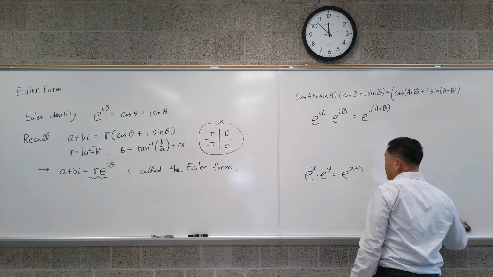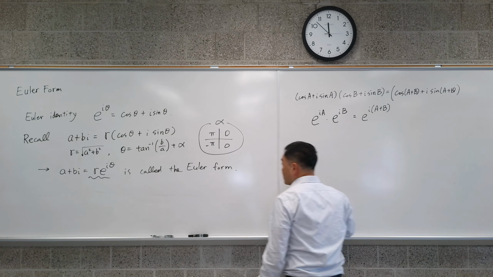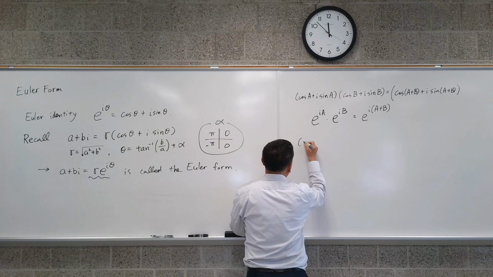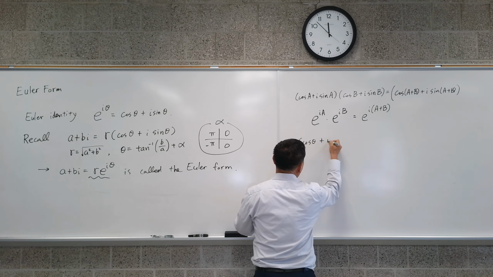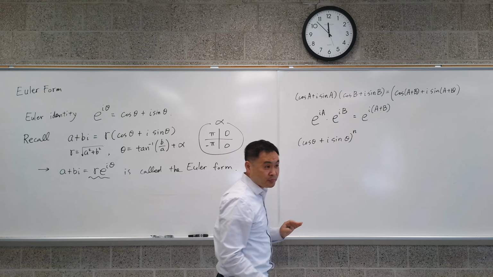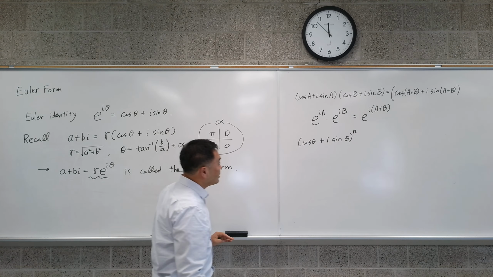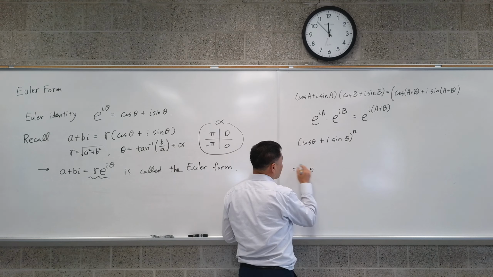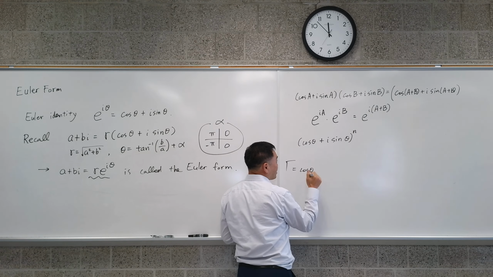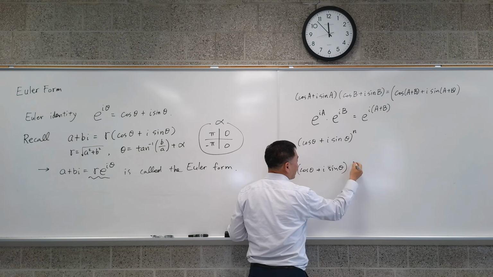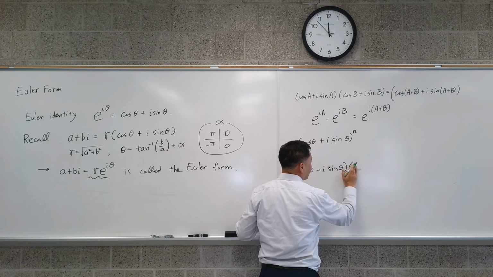Let me write another thing, which is if you have cosine theta plus i sine theta to the nth power, then that's going to be equal to cosine. Don't write this part. I just want to explain it and read it. This will be cosine theta plus i sine theta multiplied to itself many times, right?